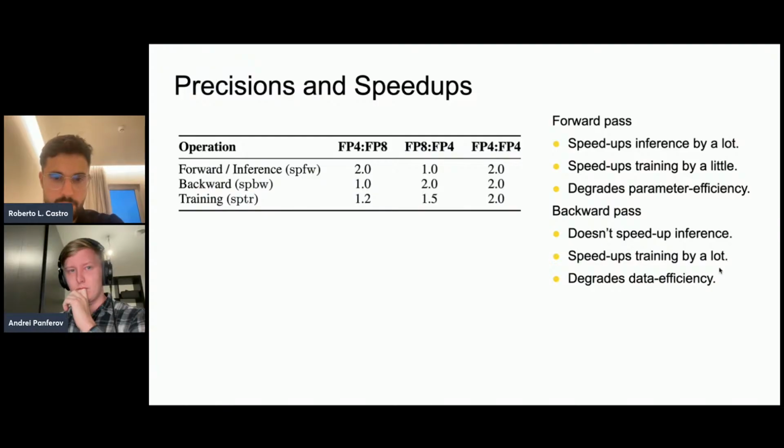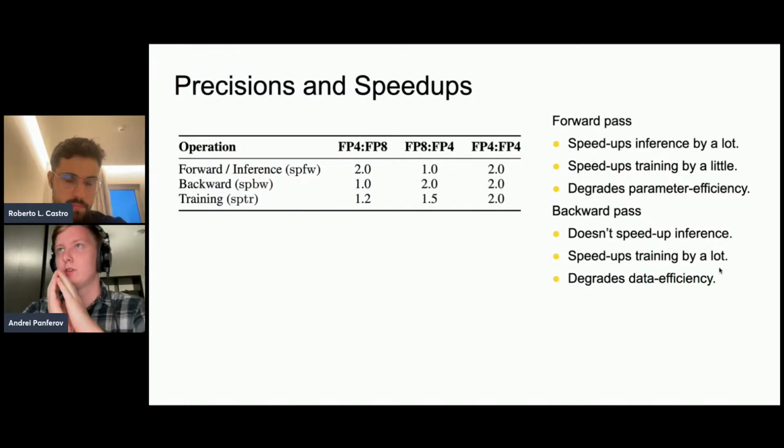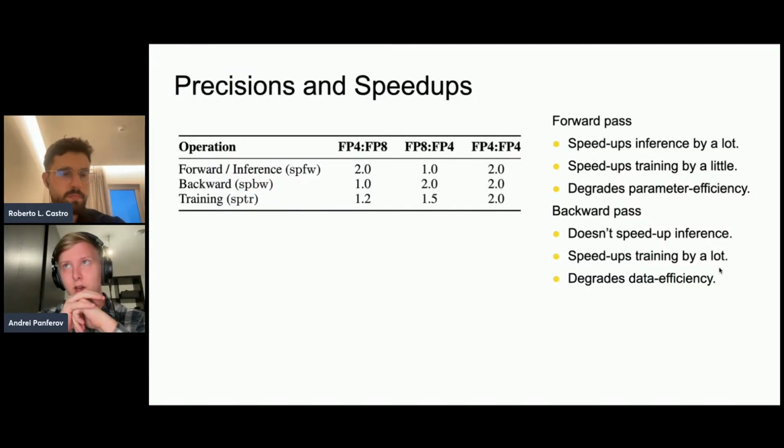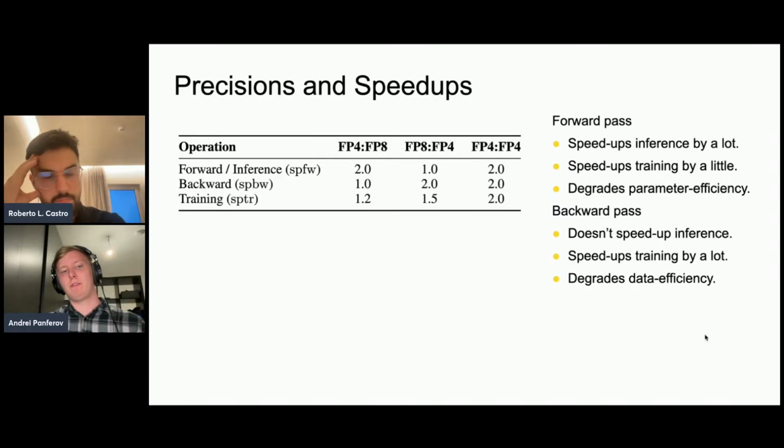Let's think about how we can take speedups into account. One thing we should start from is the idea that speedups for forward and backward pass are not made equal, in the sense that the forward pass predominantly affects the inference of a quantized model.